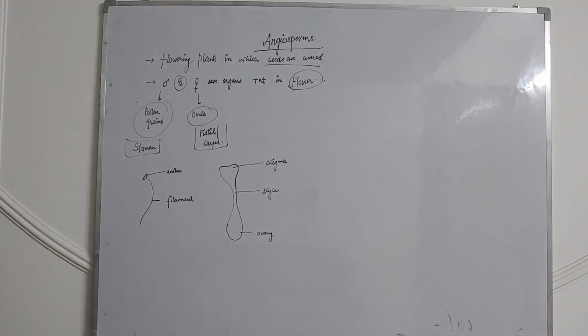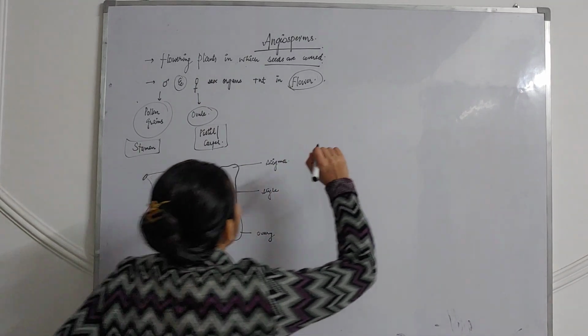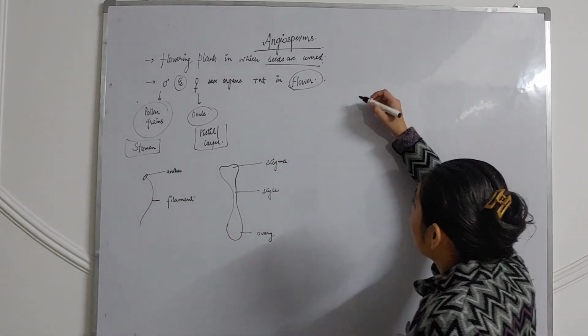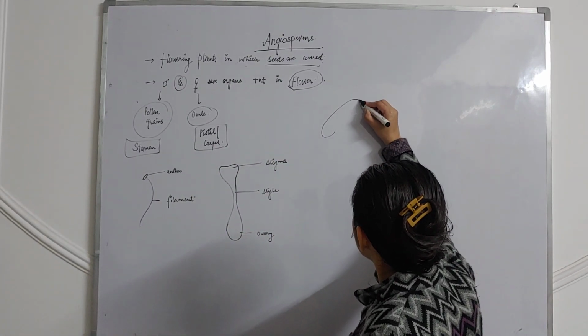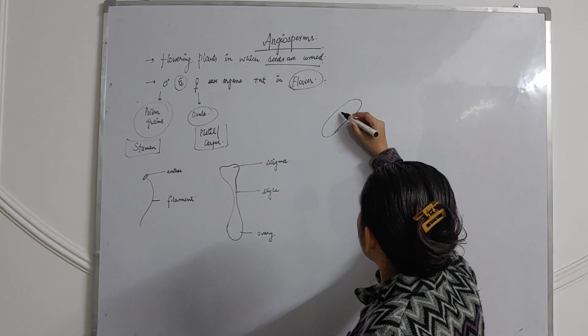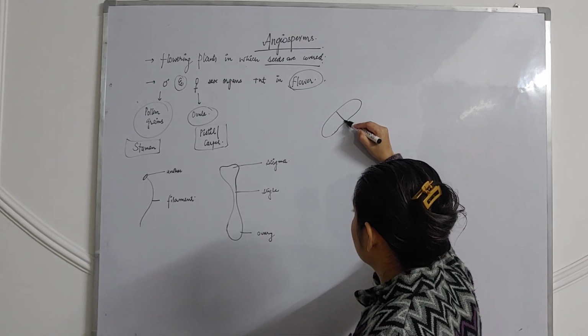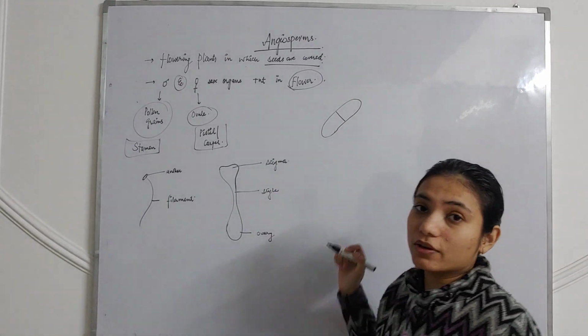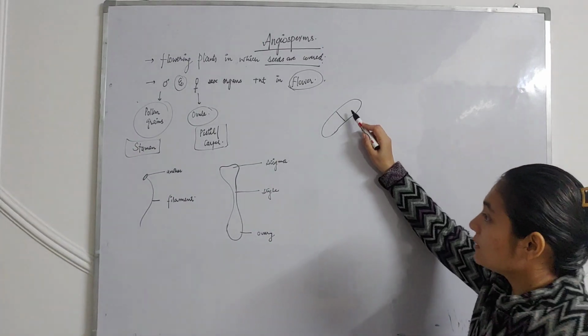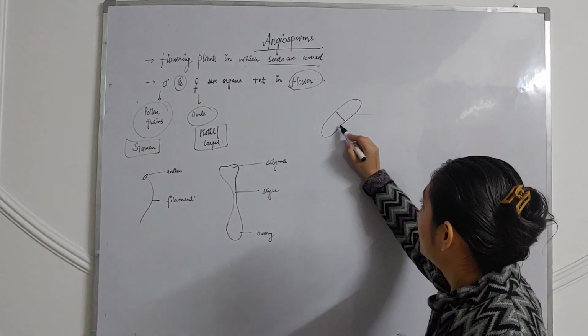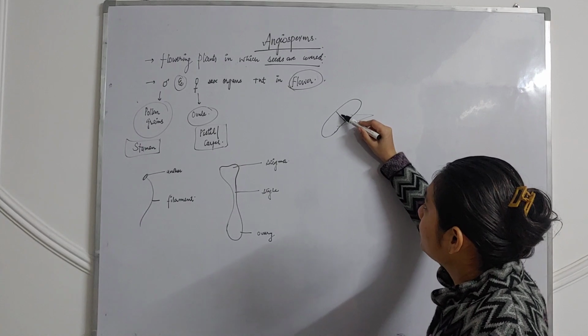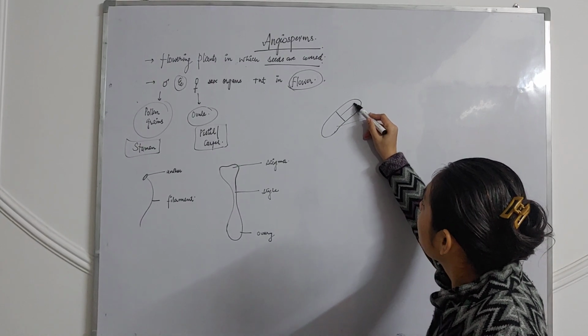So what next? The anther is bilobed, which means each anther has two lobes and each lobe is biathecous.